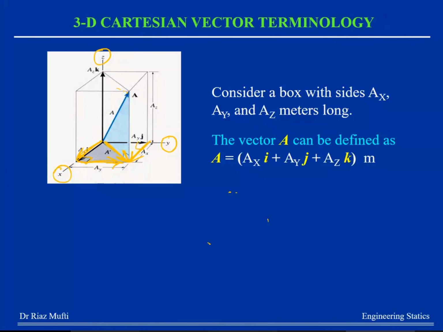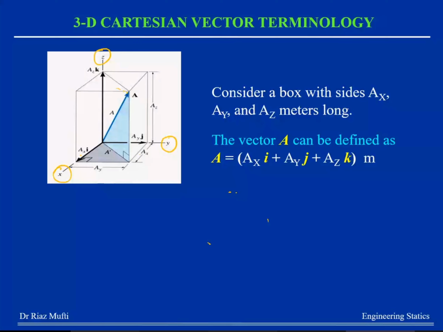So what I did, I had a vector in space. To get Z, it was easy. I made 90° with Z axis. I had a projection of vector A on my XY plane. It is the shadow of vector A on the XY plane.